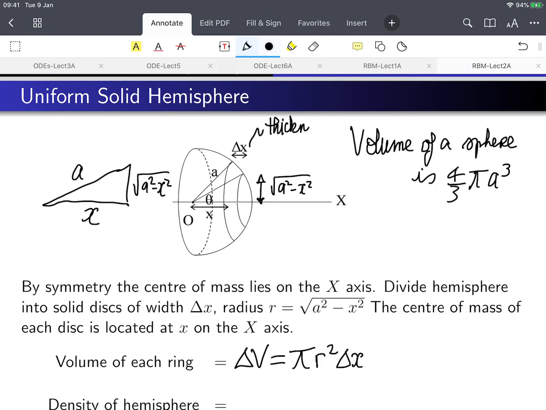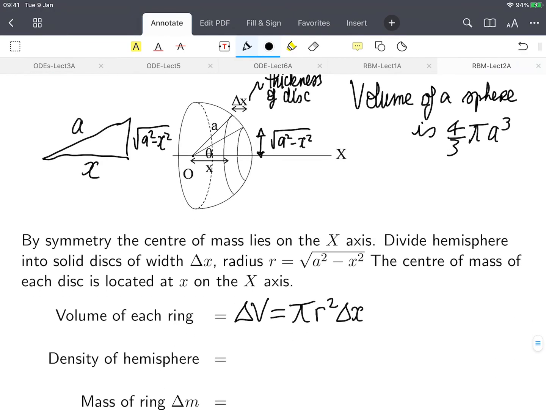So the volume is the area of the disk, pi r squared, times its thickness delta x. So that's going to be pi times (a squared minus x squared) delta x.